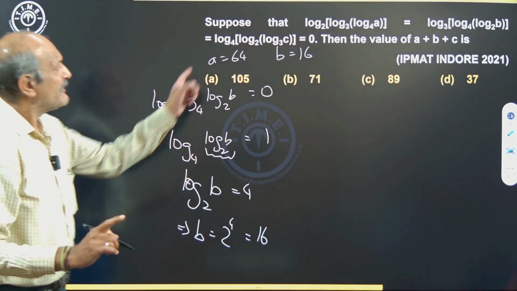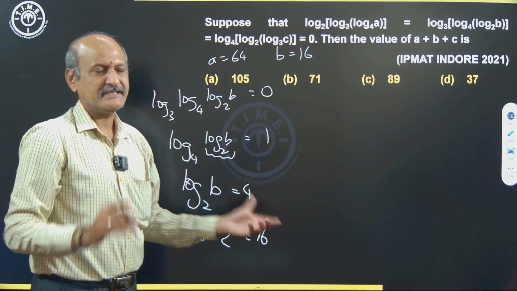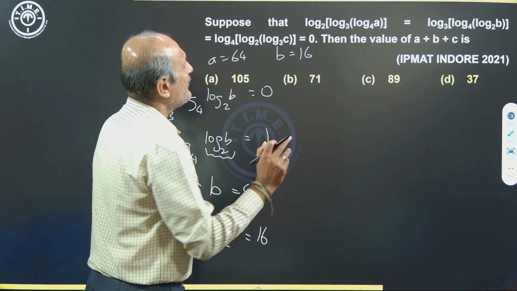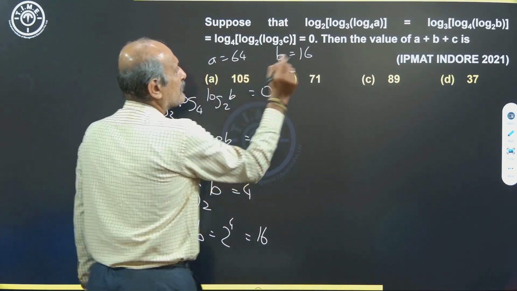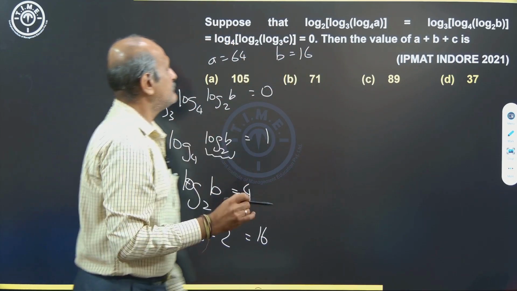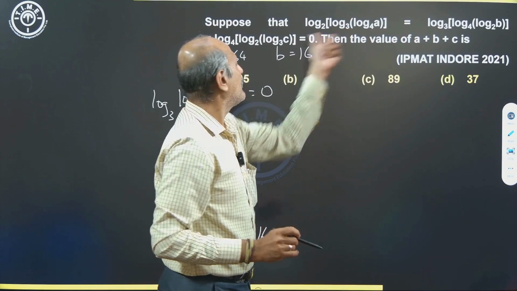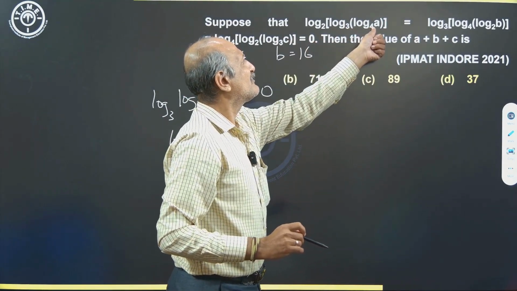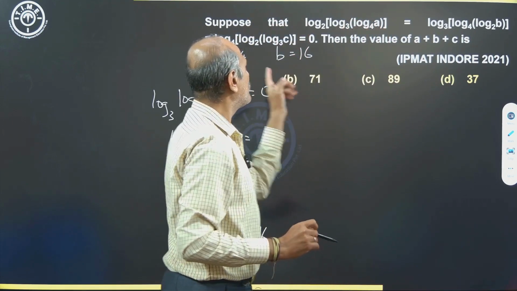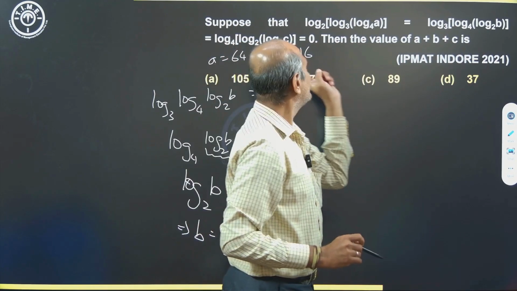Now we can work out the third one also, but why not you identify this carefully. From the first part, how did we get 64? It is 4 power 3, that we got as 64. To find the value for b, how did we get 16?